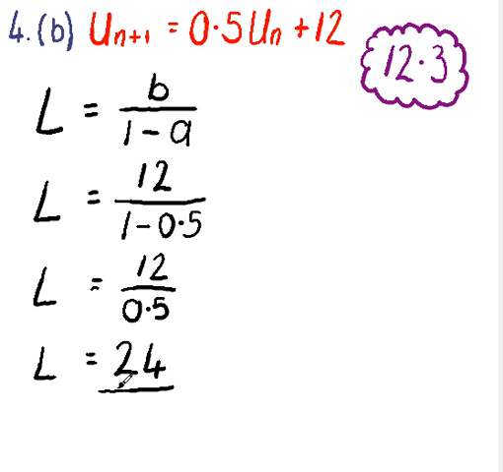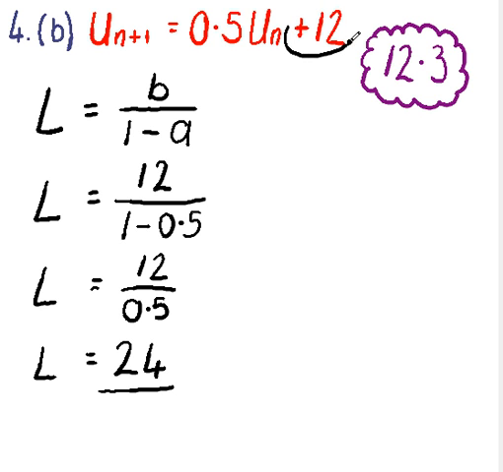So this value of 24 is a value that our recurrence relation will give us in the long term. But that doesn't mean that the lowest possible value we can get is 24.